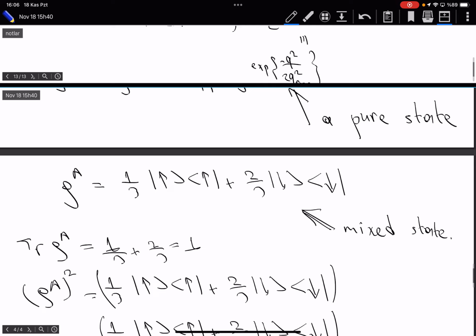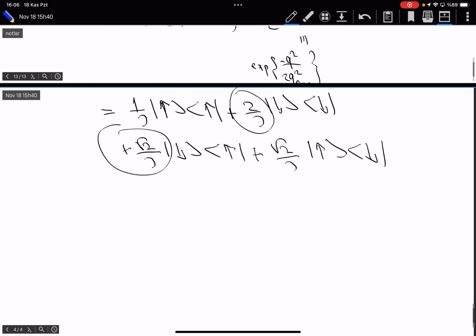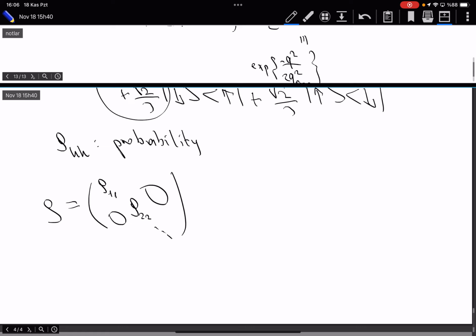You see, the diagonal entries, rho kk, we said that this is the probability. Let's say that we find a basis where the density matrix is already diagonal. So rho will be rho 1,1, rho 2,2, and all the others are 0. Rho squared will be the sum over all k of rho kk squared, all the diagonal entries.